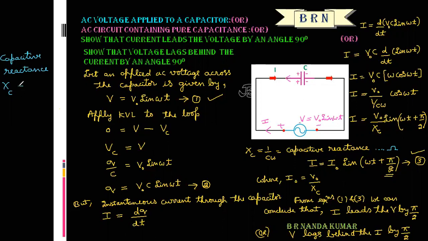The capacitive reactance mathematical expression is 1 divided by C omega. Omega in terms of frequency is 2 pi f. So the capacitive reactance is inversely proportional to frequency.